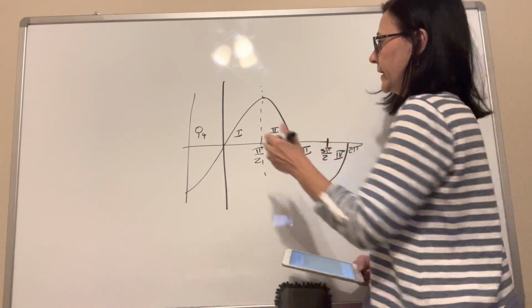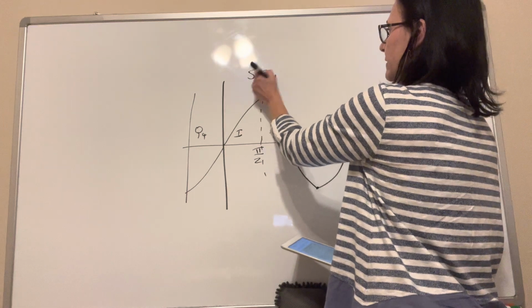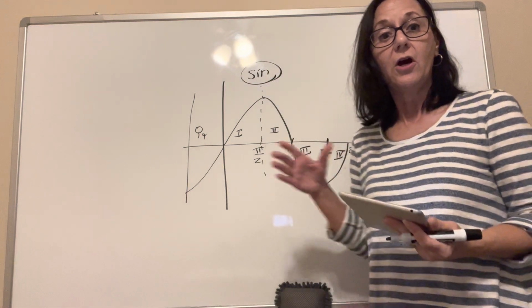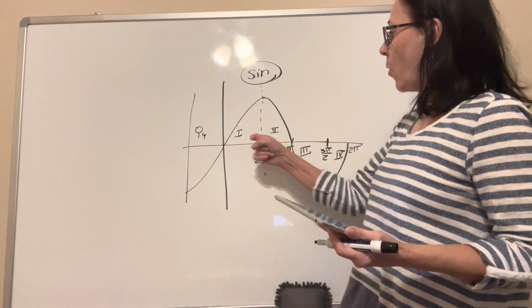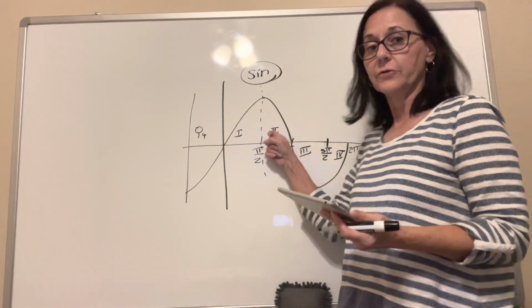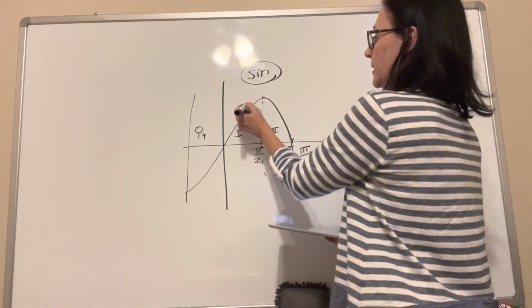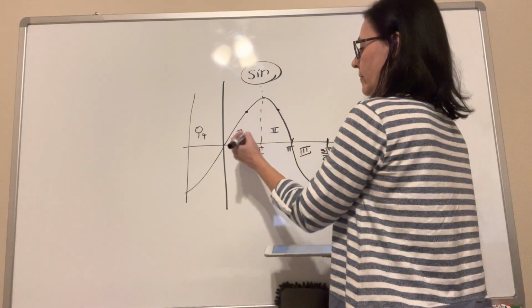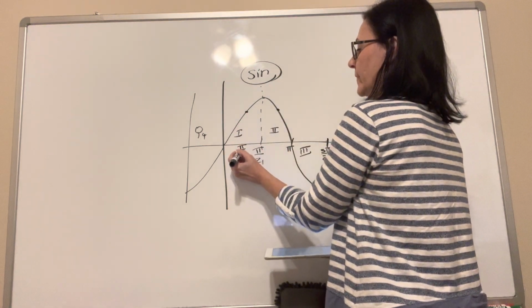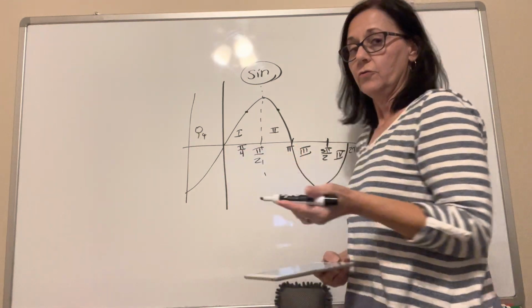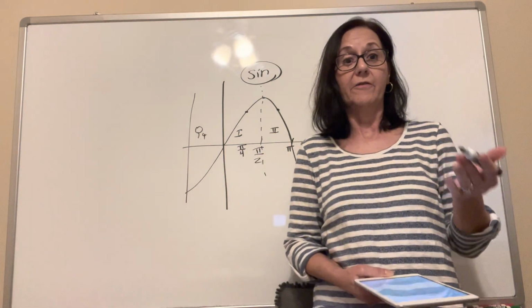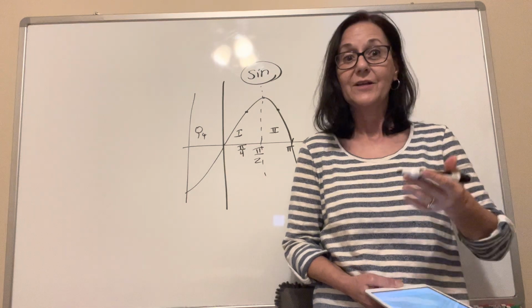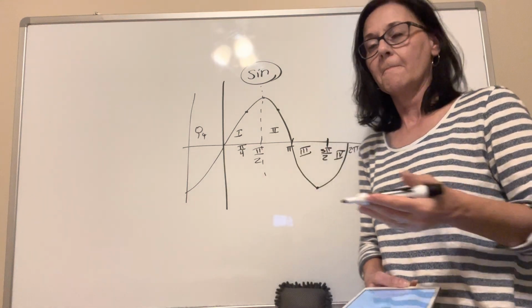But when we are looking at the sine curve, quadrants 1 and 2, if I'm looking for an angle such as a radian, like pi over 4, you know that the sine of pi over 4 is square root of 2 over 2, right?